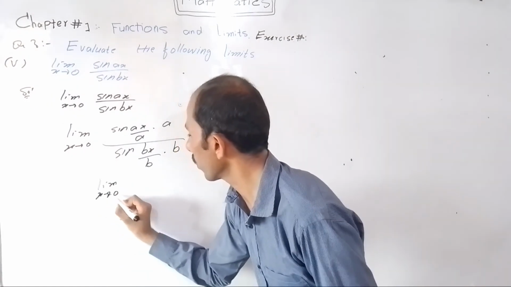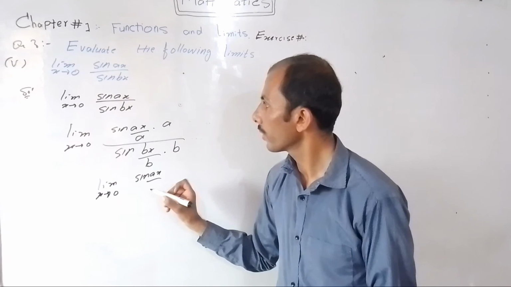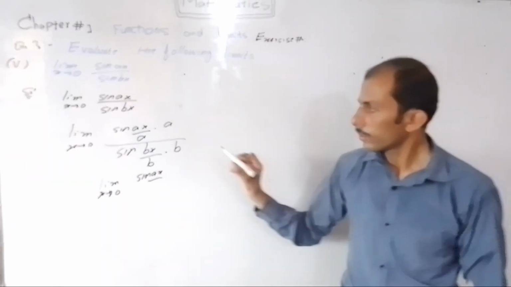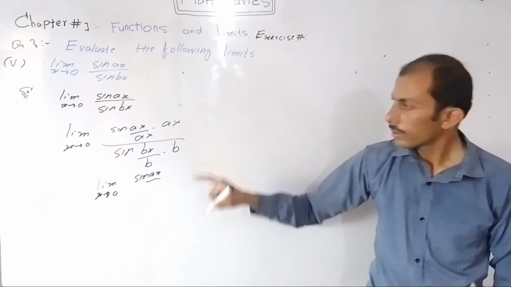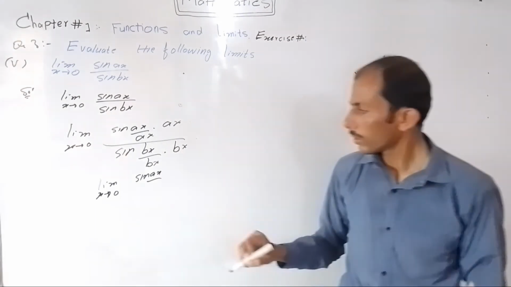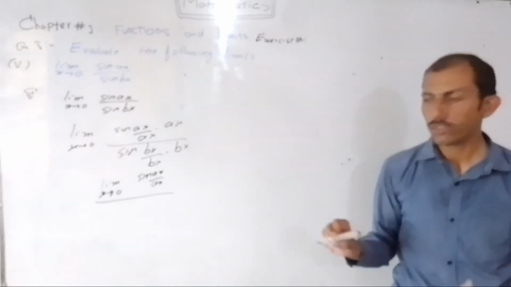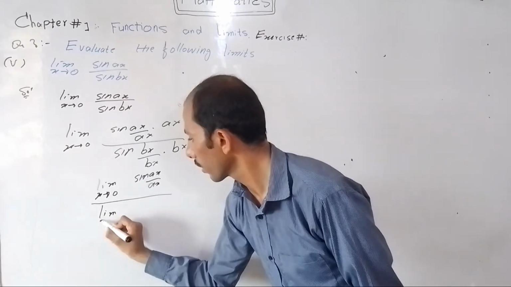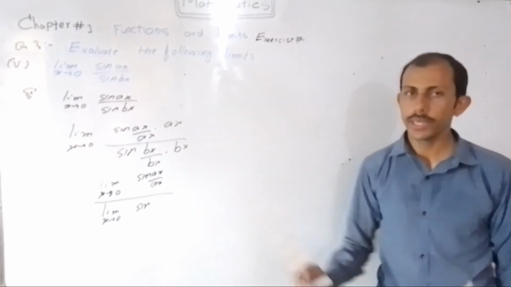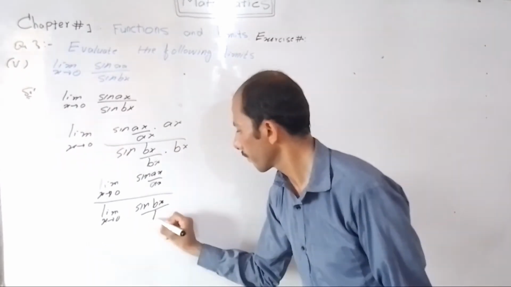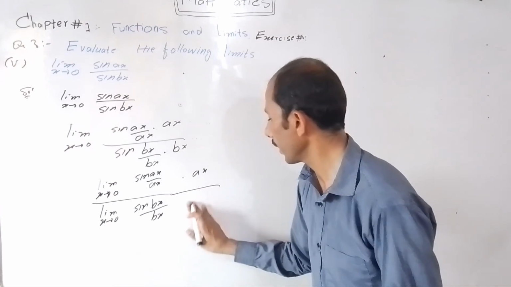That is limit x approaches to 0 of sin ax divided by ax, multiplying and dividing by ax, and limit x approaches to 0 of sin bx divided by bx in the denominator function, dot ax over bx.